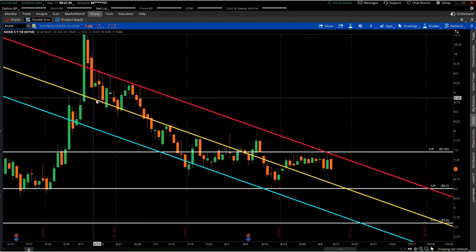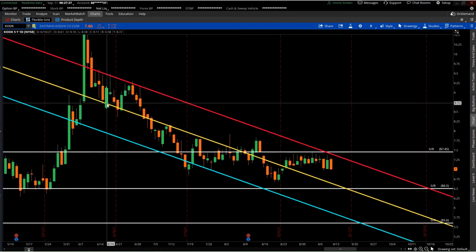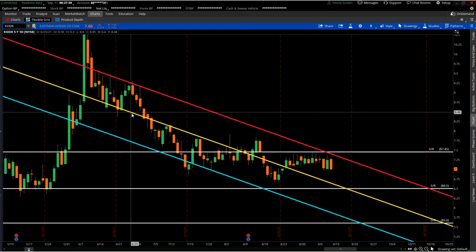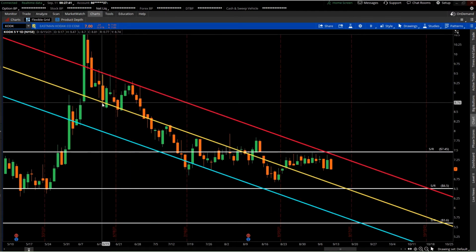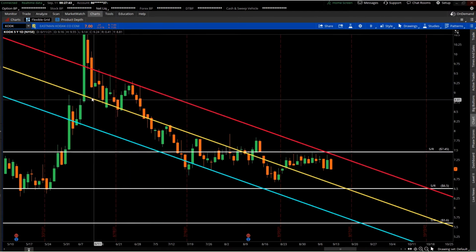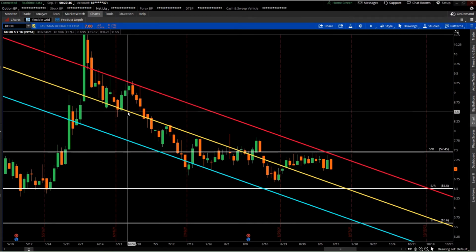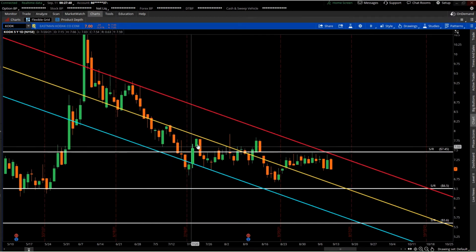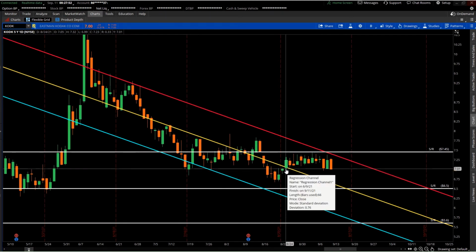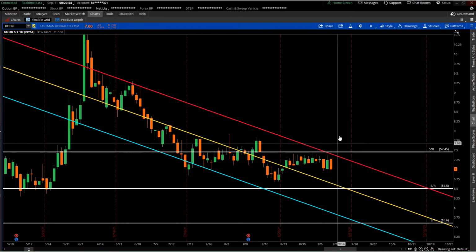But the yellow is the mid channel, or the mid support resistance level, because here it's serving as both, right? So here it's support, here it's resistance, transitions back to support, resistance, and here it is now.